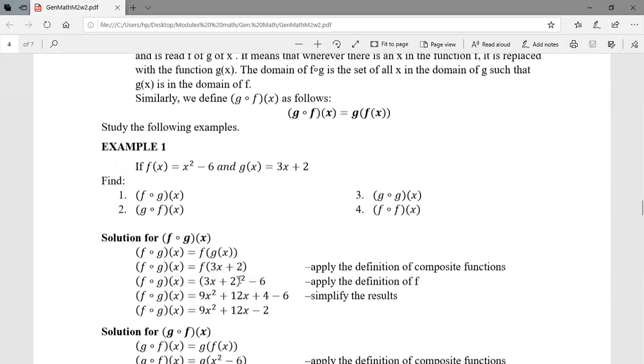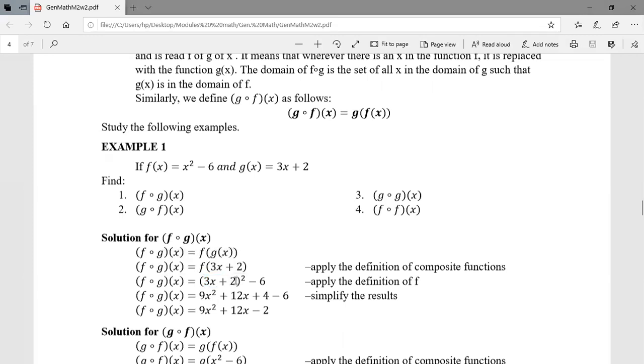Plus twice the product of the first and second term: 2 multiplied by 3x, 2 times 3 is 6, twice so multiplied by 2, 12. So 12x.